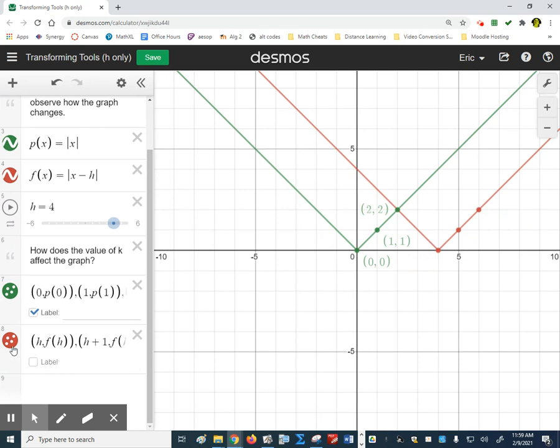Okay, so now what if I subtract negative 3? What's that going to do? So now I've got the absolute value of x minus negative 3. If I subtract a negative, that's just like adding, right? Everybody agree? So if I have something like the absolute value of x plus 3, same thing as x minus negative 3, what do you think that's going to do?